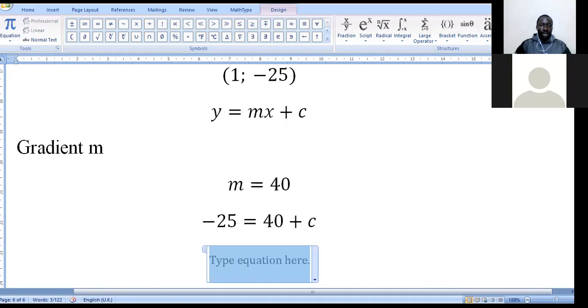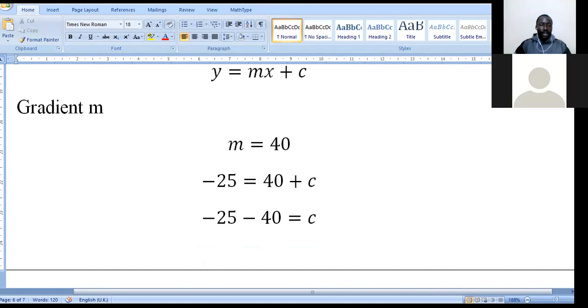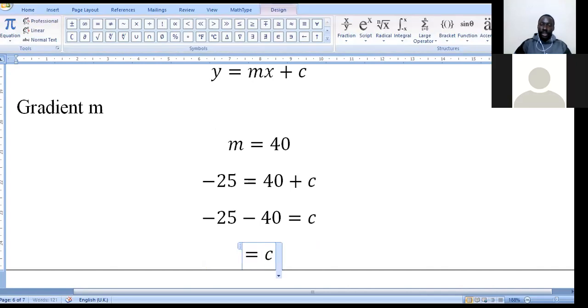C is going to be negative 25 minus 40. And so from there, we conclude that C equals negative 65. Yes. That is it.